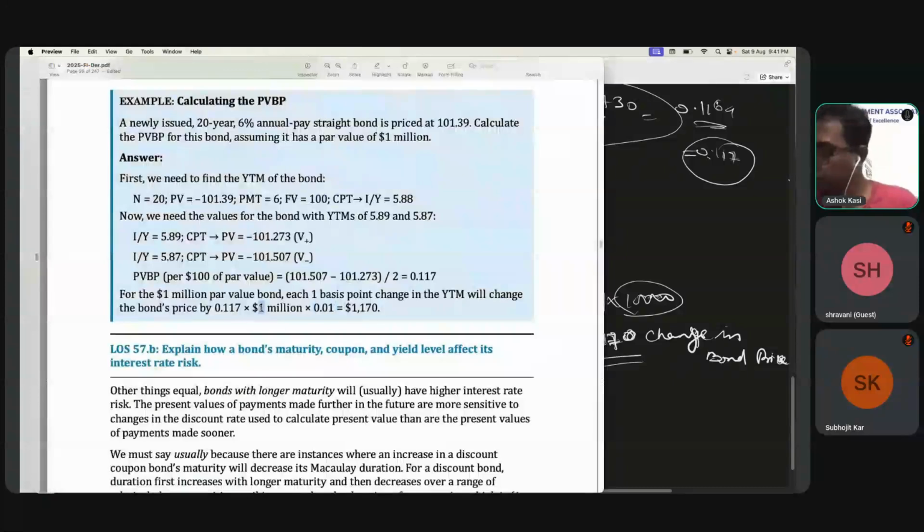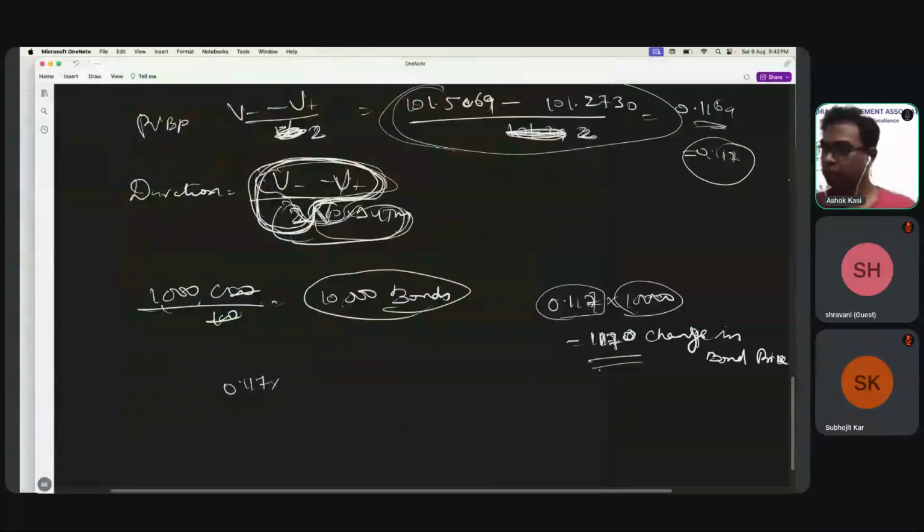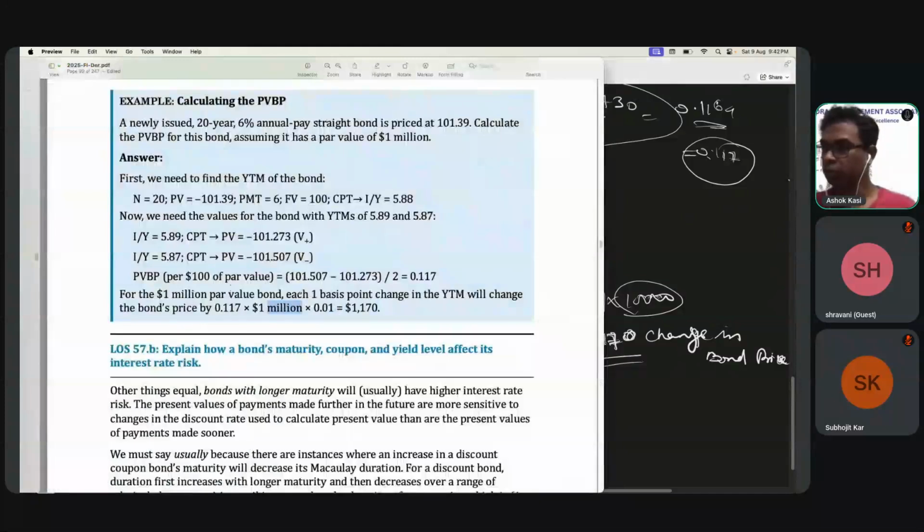For the $1 million par value, each basis point gives this change. Because here they are using 1 million, they multiply with 1 basis point. I prefer doing it like this, but it's up to you which way you want to follow. Have you understood this one? Yes, sir.